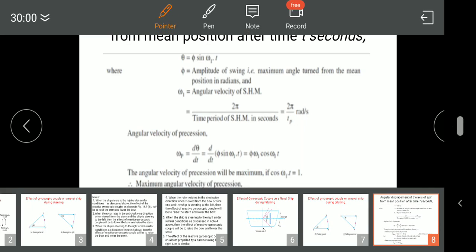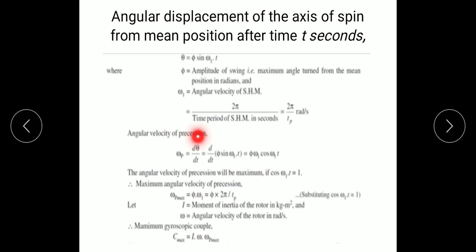Next, the angular velocity of precession. Generally the precessional angular velocity is omega p. In aeroplanes we consider the precessional angular velocity omega p equal to v by r. But here we will take omega p equal to d theta by dt.